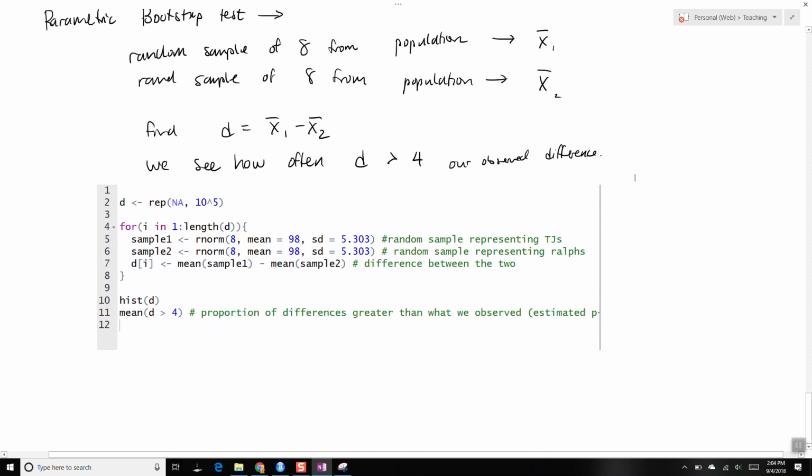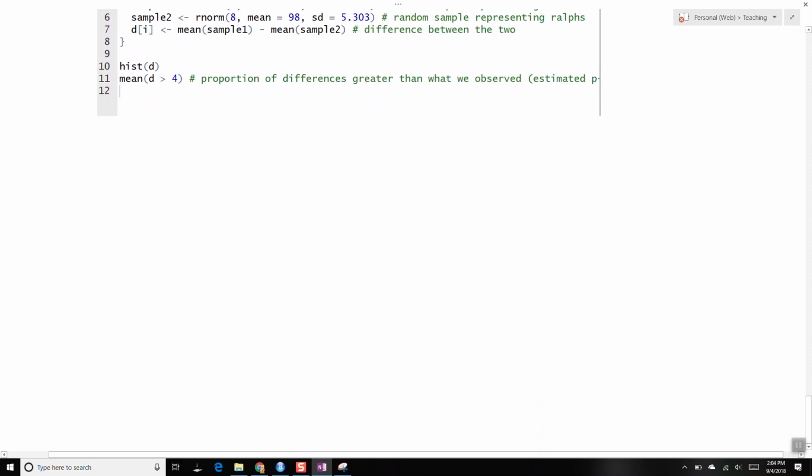Maybe you want to say, I don't want to say that, I want to say that the population has this other distribution, and you can do that as well, okay? So anyway, that's the parametric bootstrap. And let me just kind of show you the randomization test and the regular old bootstrap, okay?